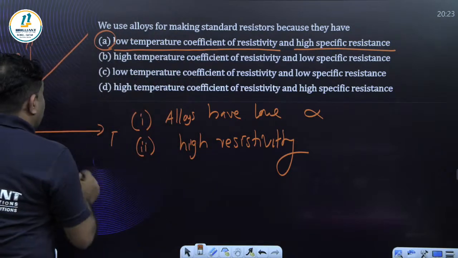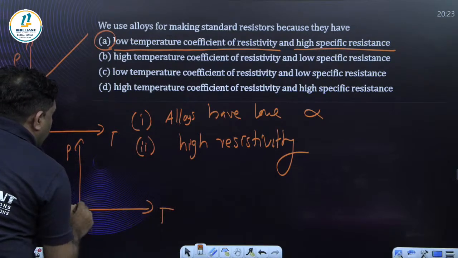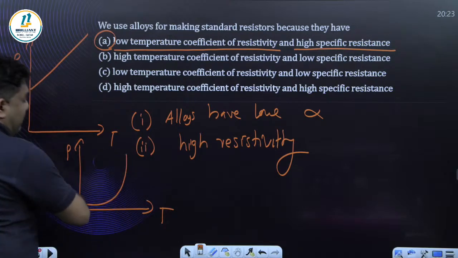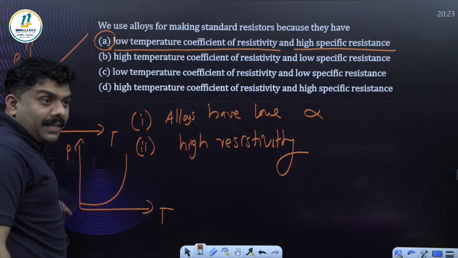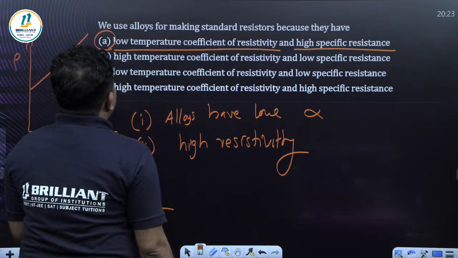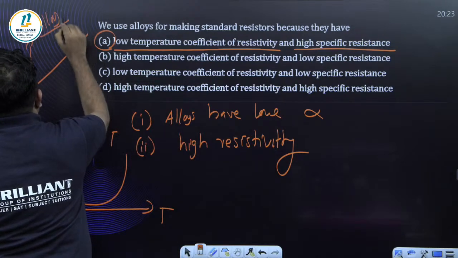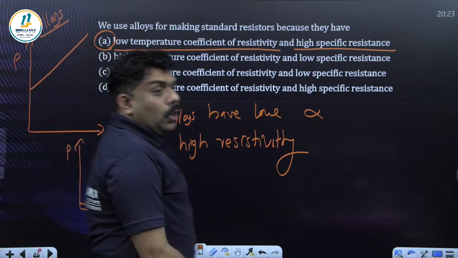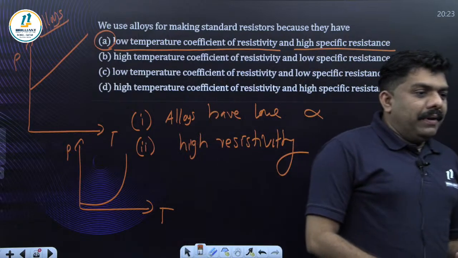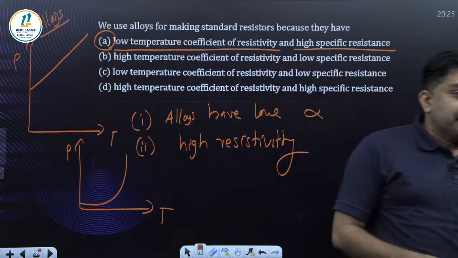But in the case of a conductor, the graph is quite low, and here it is quite high. So we can say that alloys have a low alpha value and high resistivity.